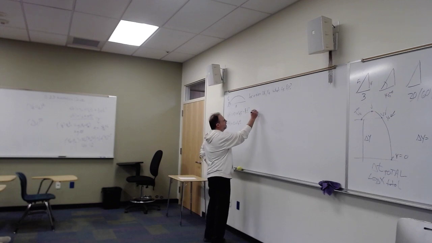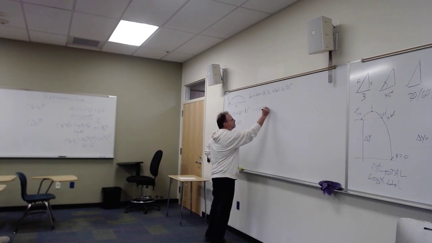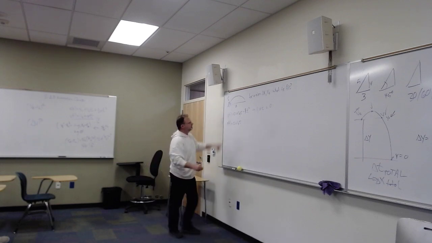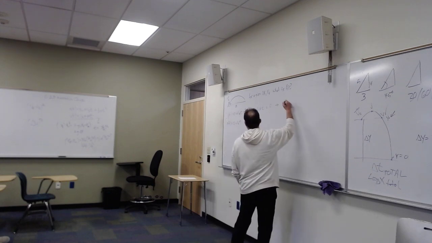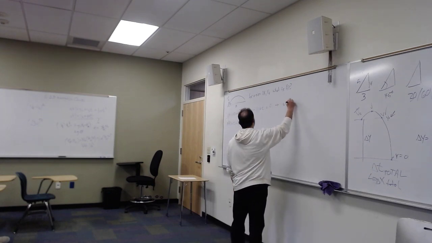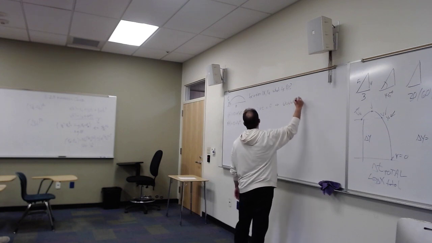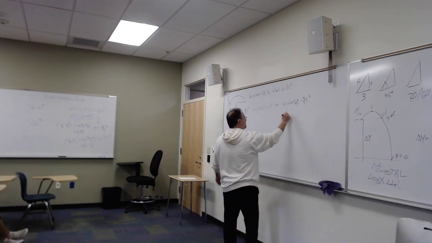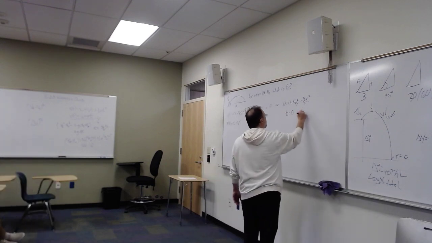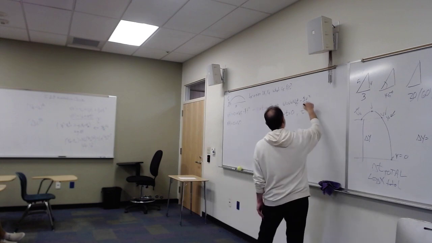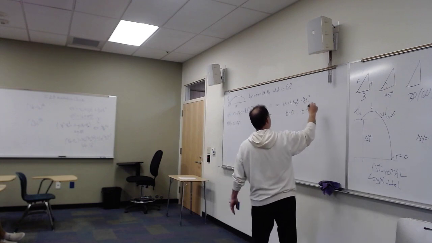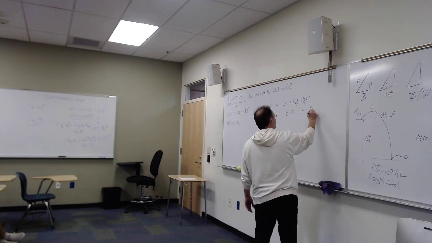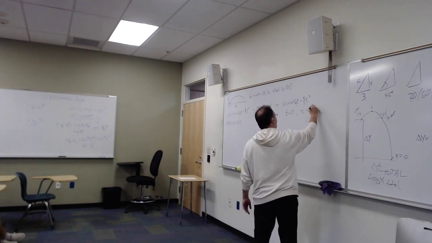Y at time t is equal to 0. Right? So this gives us 0 equals 0 plus v_y t minus g over 2 t squared. So that gives us either t equals 0 or t equals 2 v_y over g.